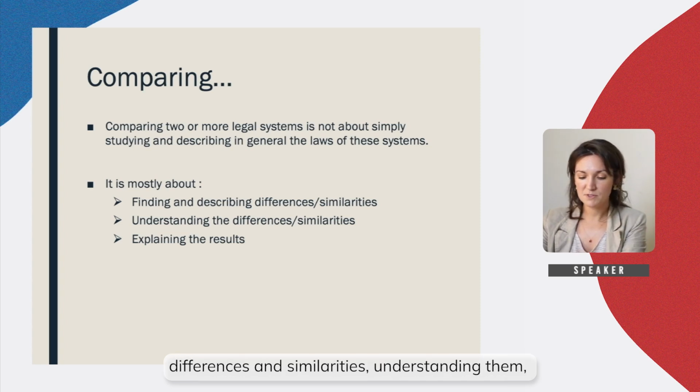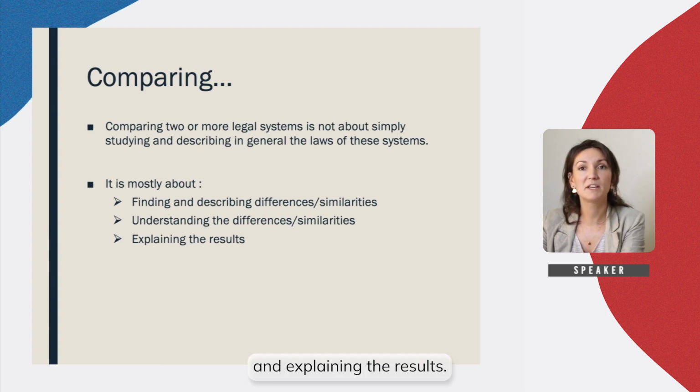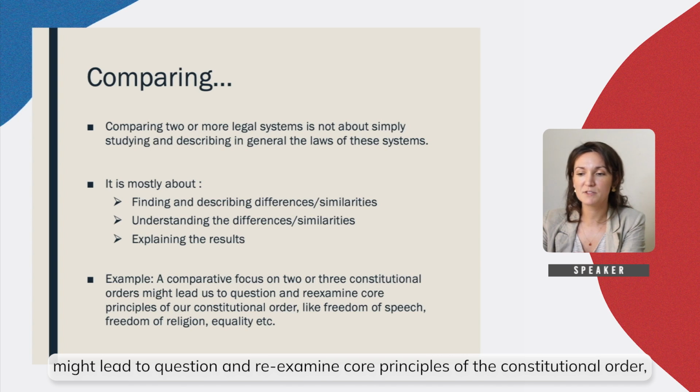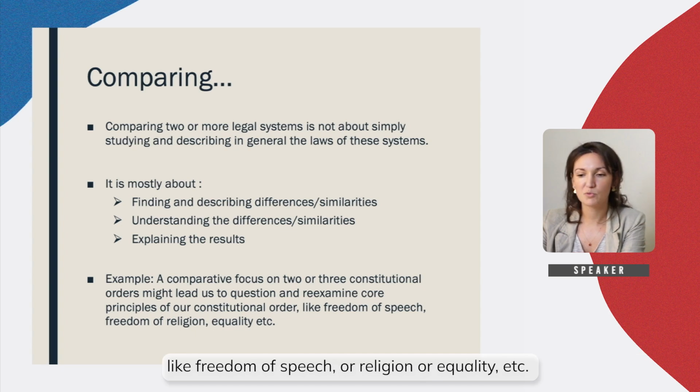Finding the differences and similarities and understanding them and explaining the results. For example, comparing two or three constitutional orders might lead us to question and re-examine core principles of our constitutional order, like freedom of speech or religion or equality.